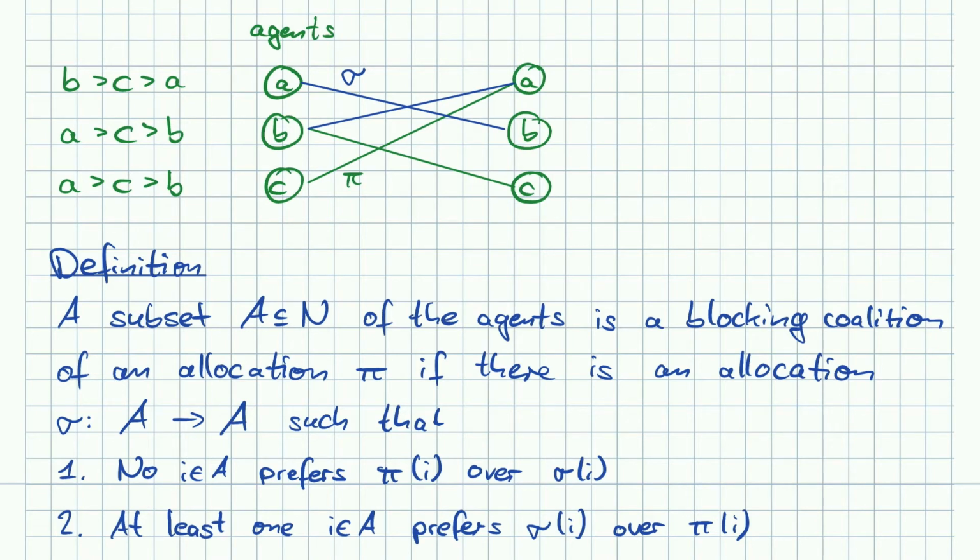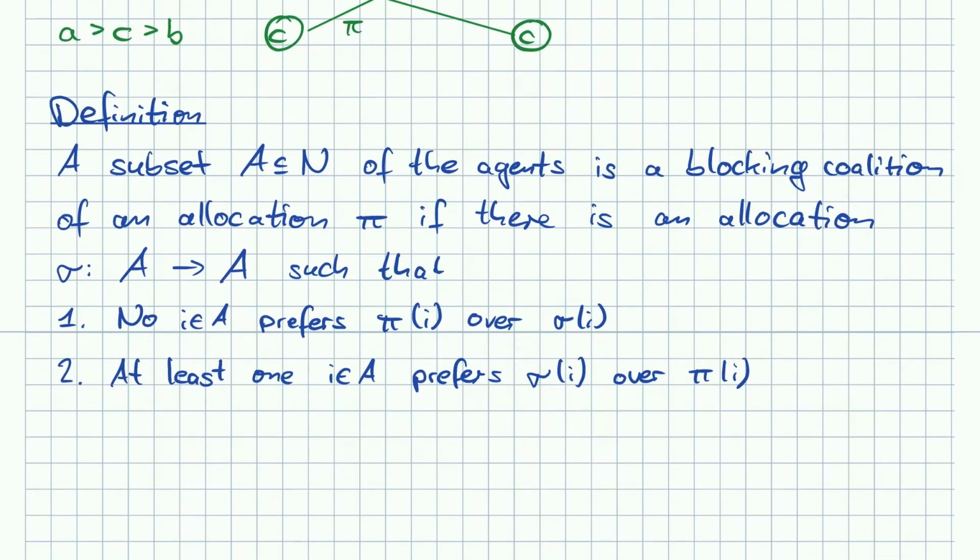And so here we would have that A would be consisting of small a and small b. So in other words, a blocking coalition would rather trade the houses among themselves than using this allocation pi.